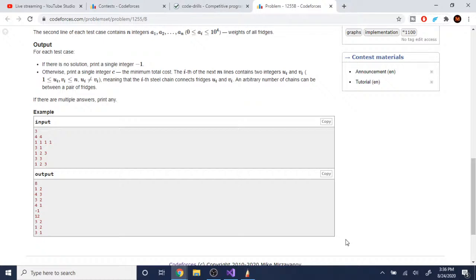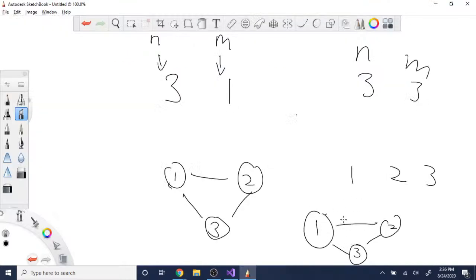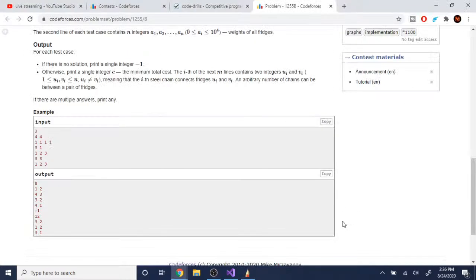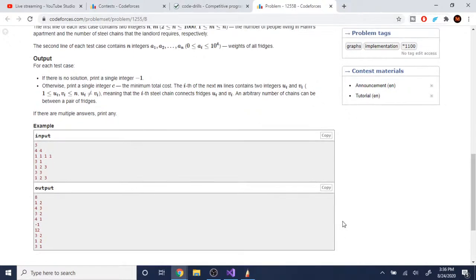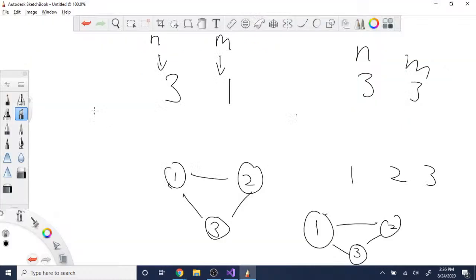Can we just connect any of them together? Make sure there's a cycle, because this is a cycle. What if I just connect all of them together and then, for one of them, keep a cycle?